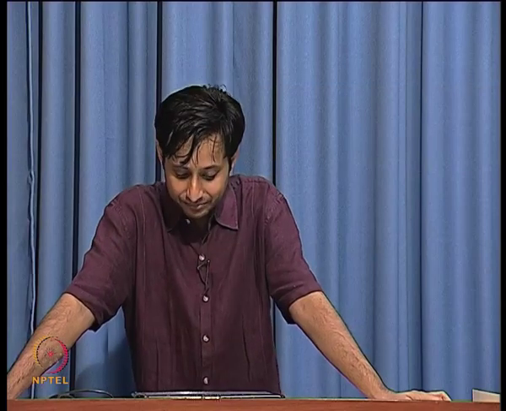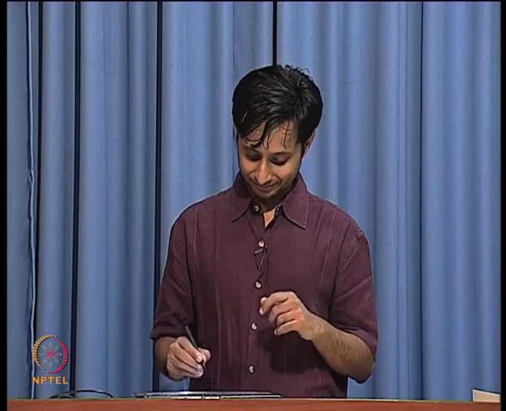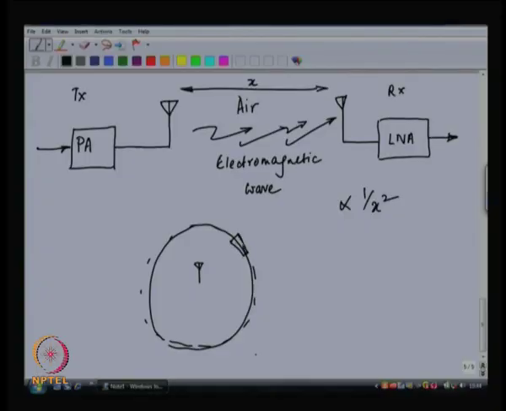So, if it does not go anywhere else, then all the power transmitted is received no matter what the distance is, which tells you that the amount of power received by the antenna is proportional to the area of the antenna. So, if the antenna is this big, then it receives that portion of the total transmit power.